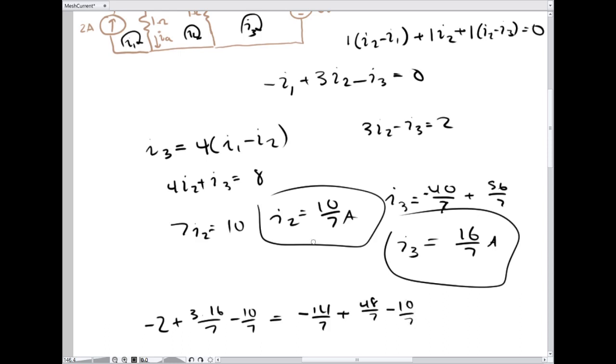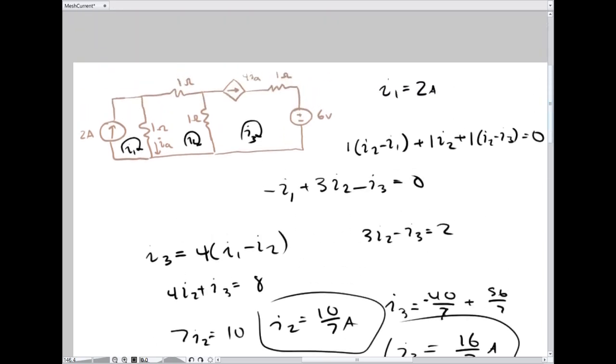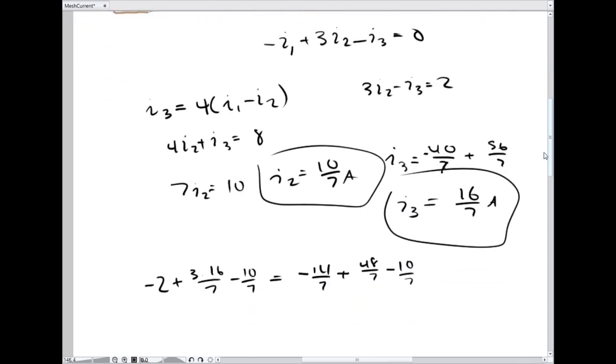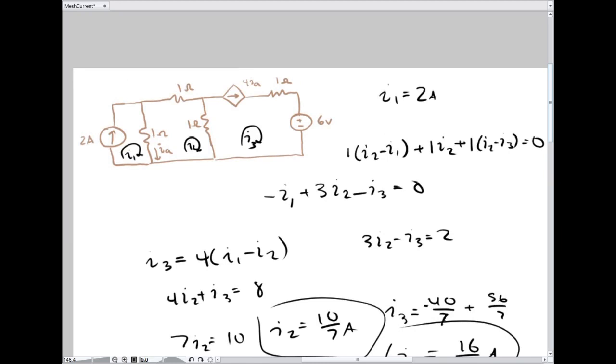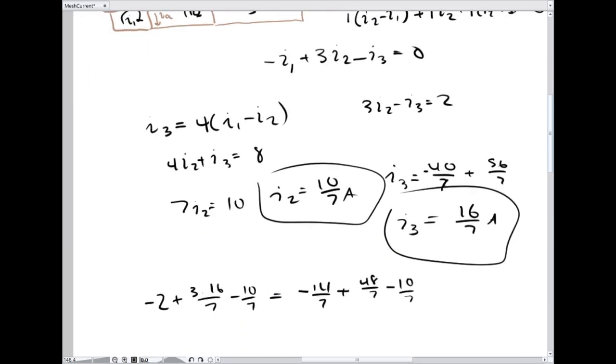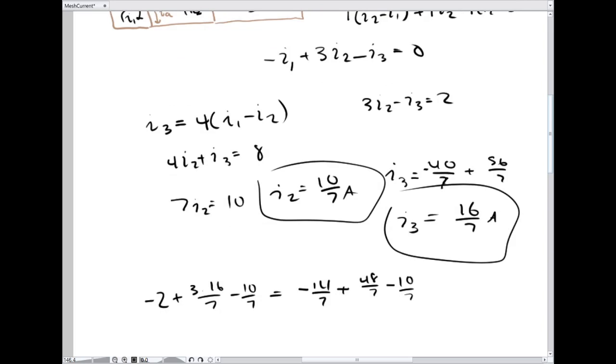So there's a mistake in here somewhere. Yeah, the mistake isn't checking it. I mixed up I2 and I3. That's fine. Okay.